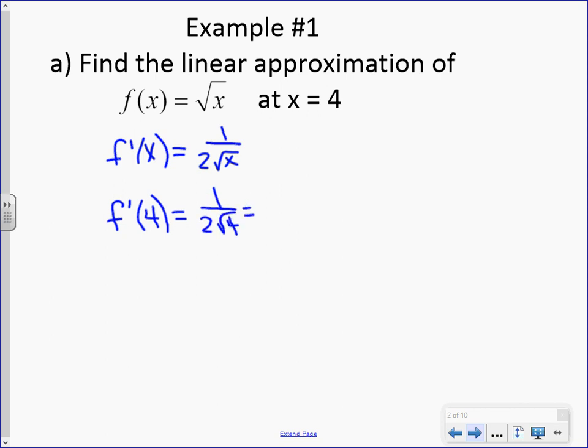What is our slope? 1/4. Now we need the coordinate. If x is 4, what's our y value? Say louder. 2.